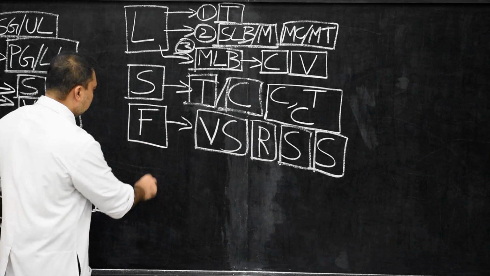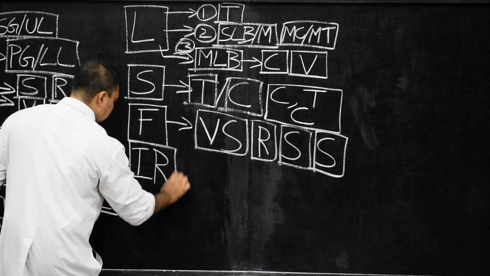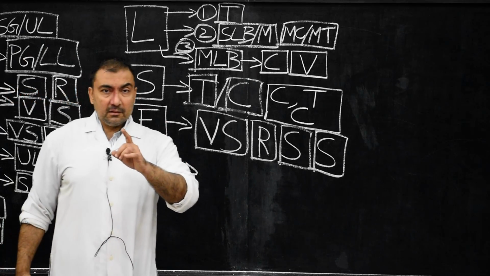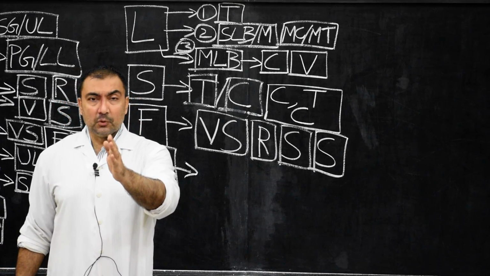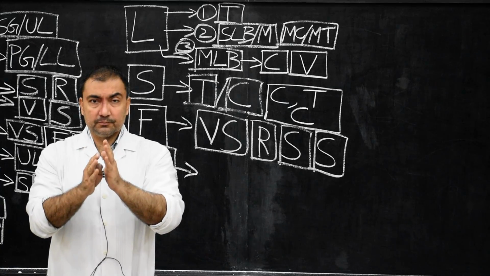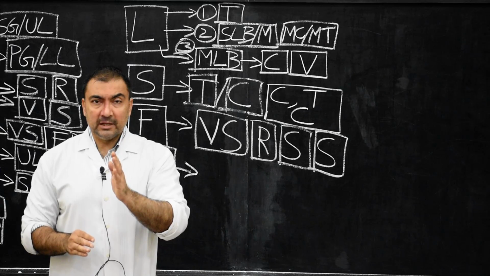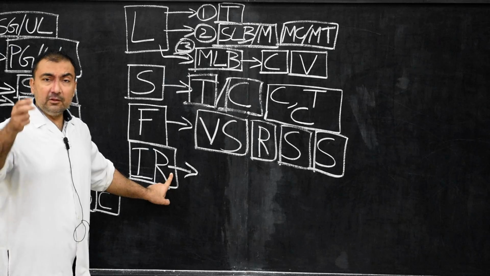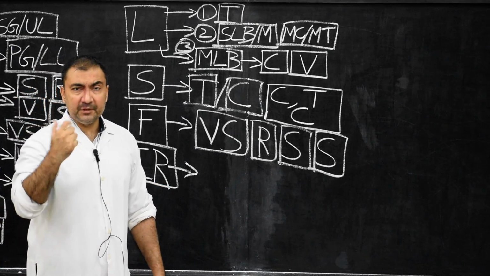After flat bones, we come to irregular bones. What are the irregular bones? Irregular bones will have one layer of compact bone, and below they will have spongy tissue along with marrow. Therefore, such bones will be irregular in shape and appearance.